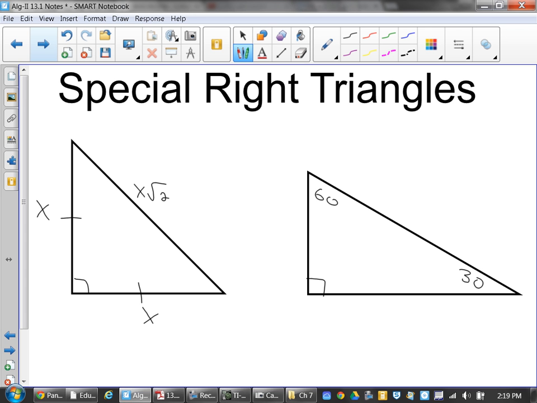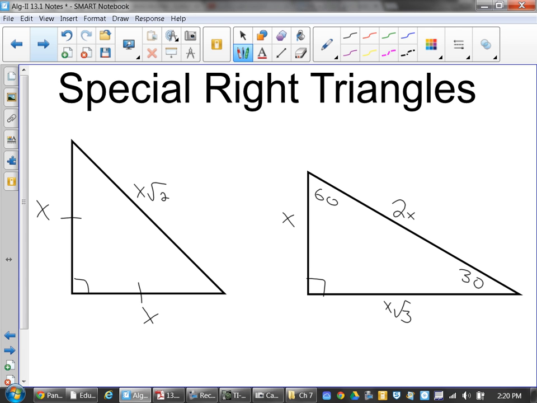Same thing with the 30, 60, 90. Q, then what? Very good. Now, what we do in this class is we take the two special right triangles, and everything else after 13.6, we start over at 13.2 and 13.3 and 13.4, and then we go to 14.